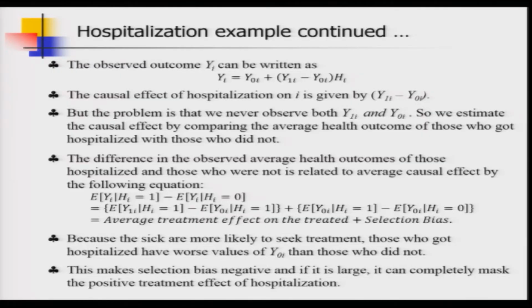Now, note that because sick people are more likely to ask for the treatment, those who got hospitalized have worse values of Y0i than those who did not. This makes the selection bias negative, and if it is large, it can completely mask the positive treatment effect of the hospitalization.